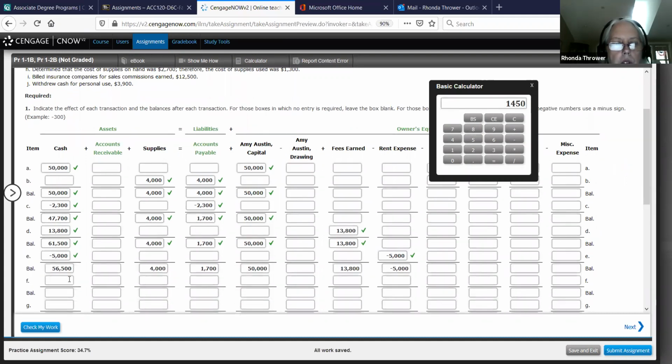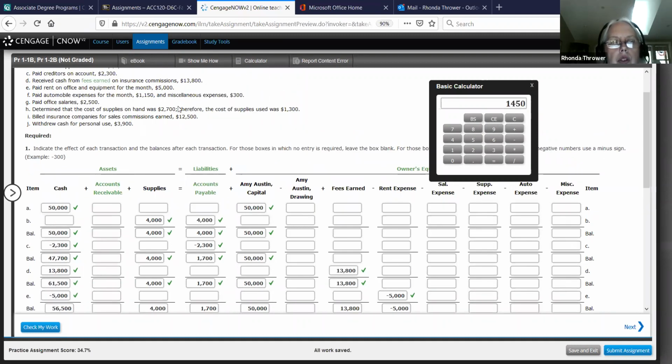So our cash is going to decrease by $1,450. So we're putting the cash under the cash account because that's where it belongs with the assets. We're showing a decrease in our cash, and we're showing that our owner's equity also decreased by the amount of the automobile expense and the miscellaneous expense.